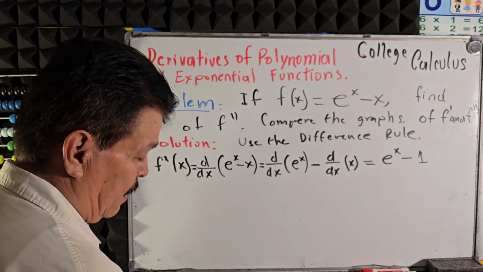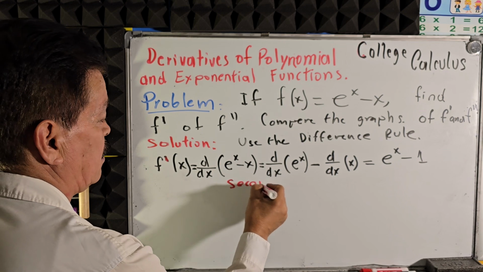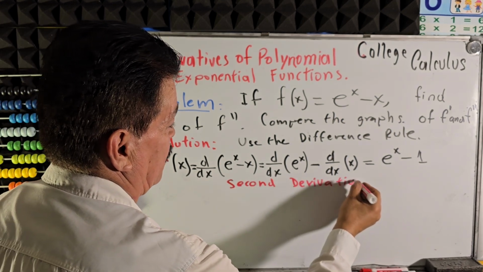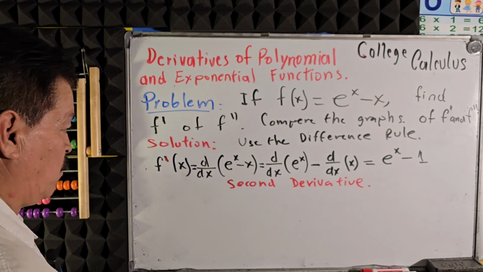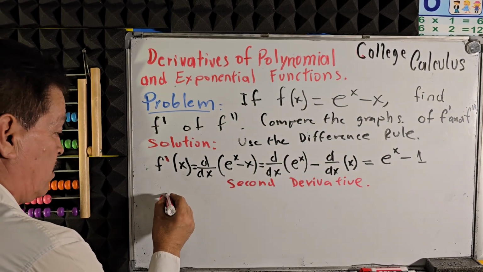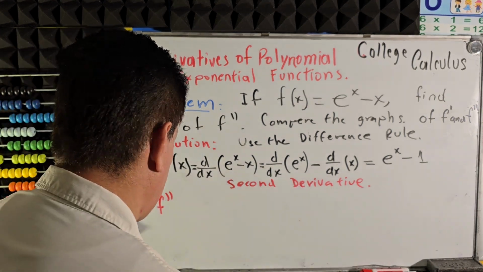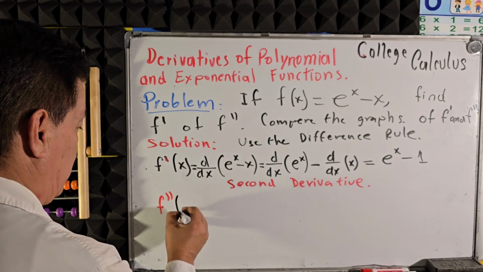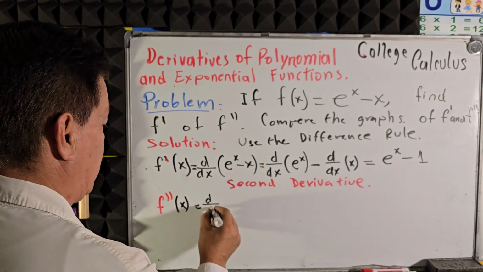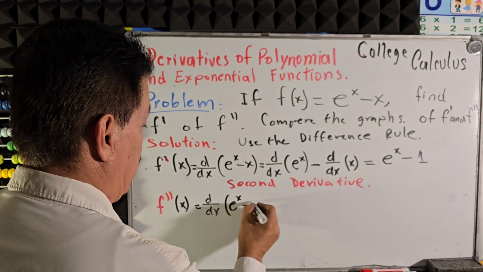Second derivative. This is the first derivative, the first one. So now the second derivative, and we write it f double prime of x equals d divided by dx of e to the x power minus x.